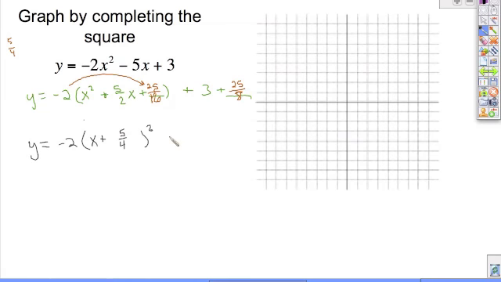And then at the tail end, common denominator 3 is 24/8, so I have 49/8. The vertex for this quadratic is -5/4, comma 49/8. -5/4 is -1 1/4. 49/8 is 6 1/8.